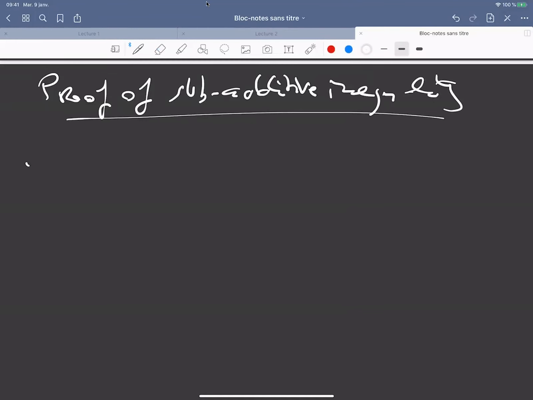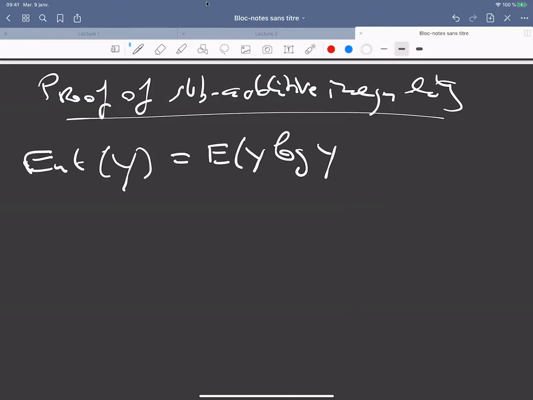So we start from the definition of entropy, which is just like that. And we use a telescopic formula again.